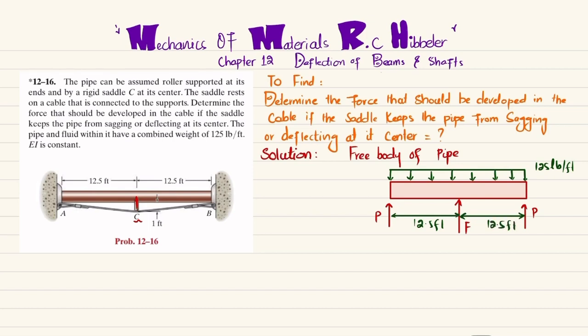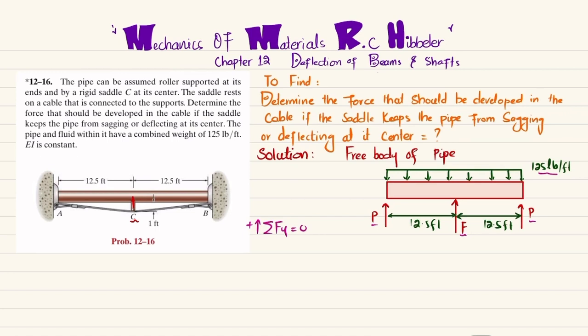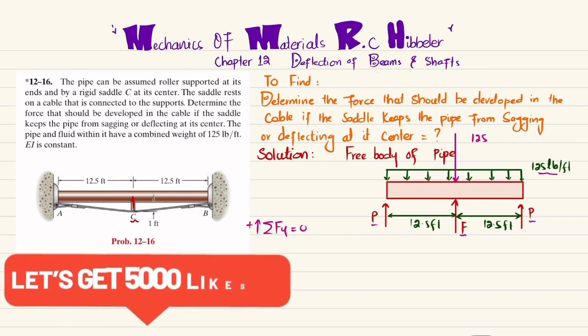Now we will find the reaction forces P by using the equation of equilibrium: the sum of all forces along y direction must be equal to 0, and force upward is taken as positive. So you can see one force is P, the other force is F, the third force is P, and there is a uniformly distributed load. When converted into a point load, it will be equal to 125 pounds per feet into the length over which it acts.